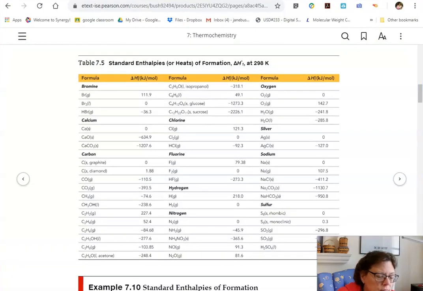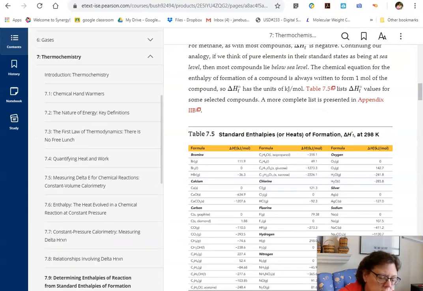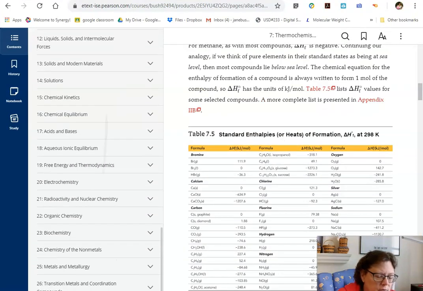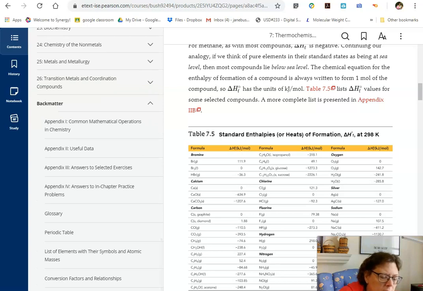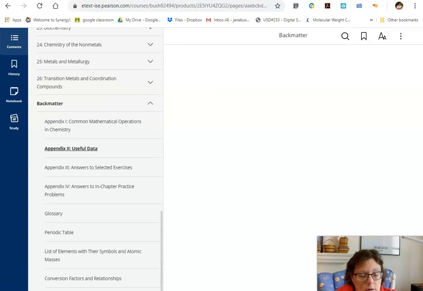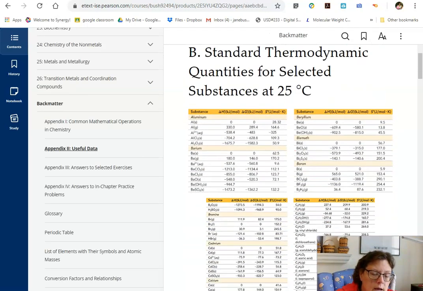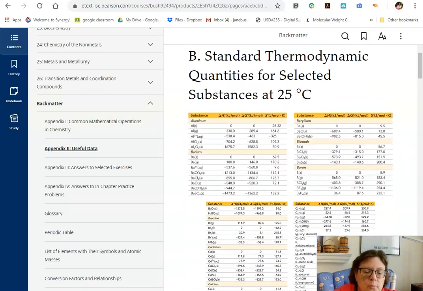I'll show you how you find that. You go to table of contents. Down at the bottom it says back matter, appendix 2, and B, standard thermodynamic quantities for selected substances at 25 degrees Celsius. All right. So that is another place you can find these.